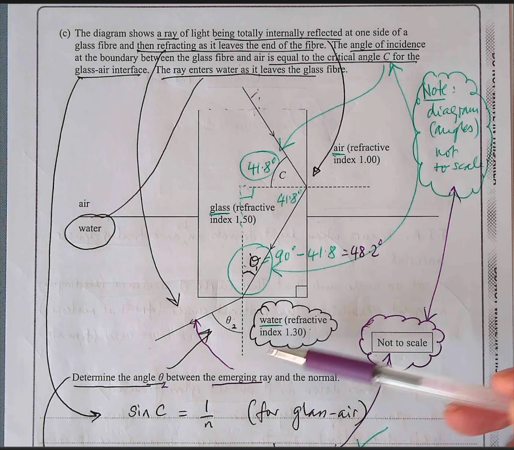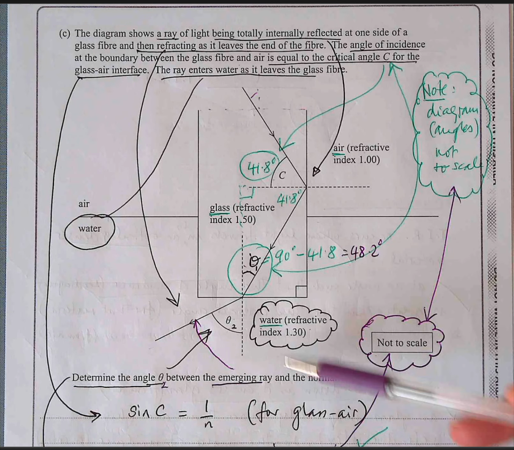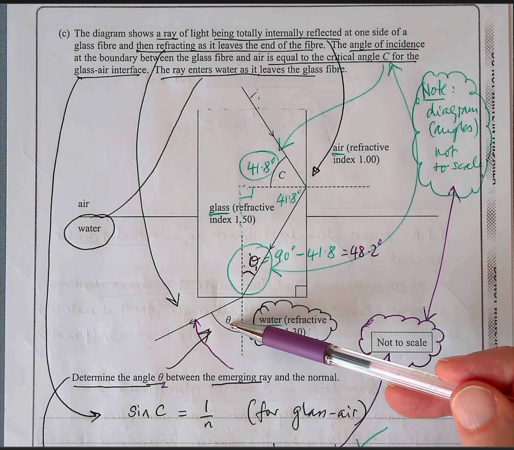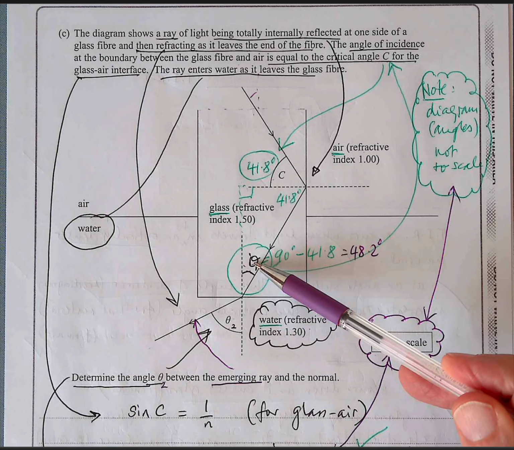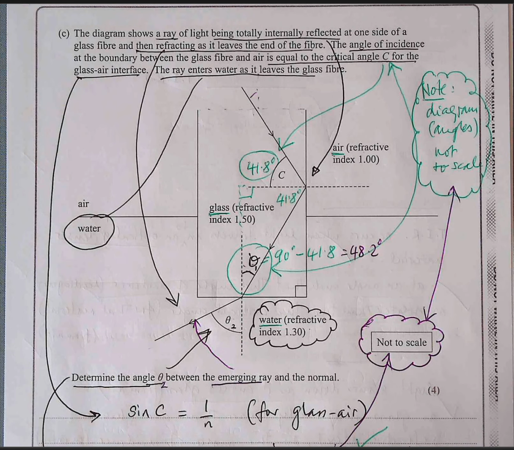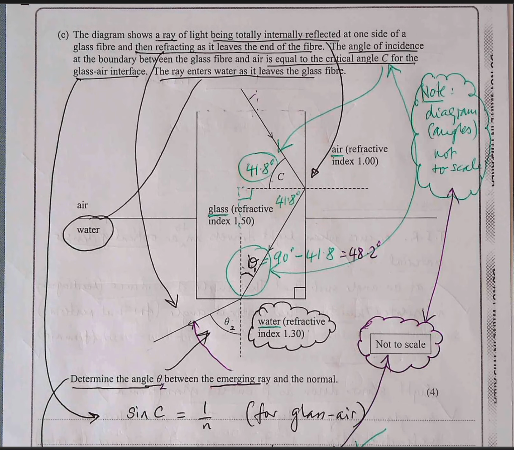The second material is where it's going into, which is water. So this is N2, yeah, and this is theta 2. So once you do that, we know N1, we know sine theta 1, and we know N2, we don't know sine theta 2. You do the mathematics, and you'll see that sine theta 2 will be 0.86.